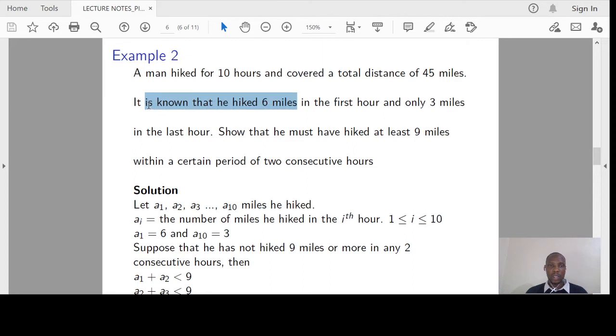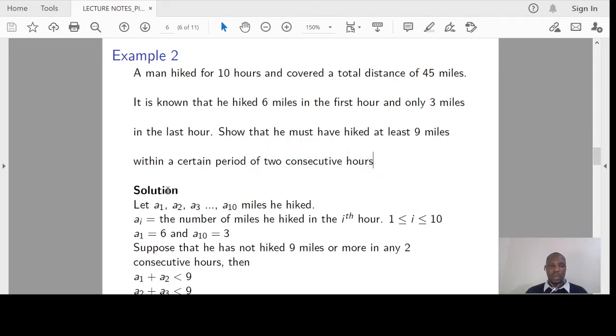It is known that he hiked 6 miles in the first hour and only 3 miles in the last hour. Then show that he must have hiked at least 9 miles within a certain period of 2 consecutive hours.